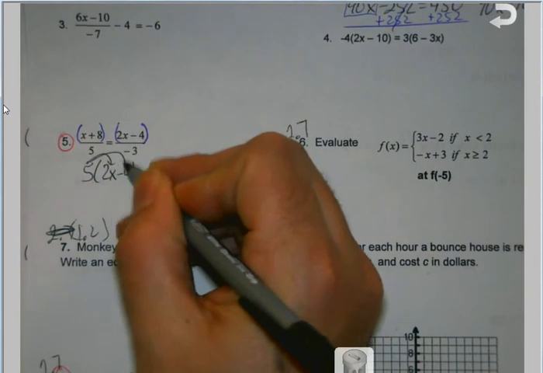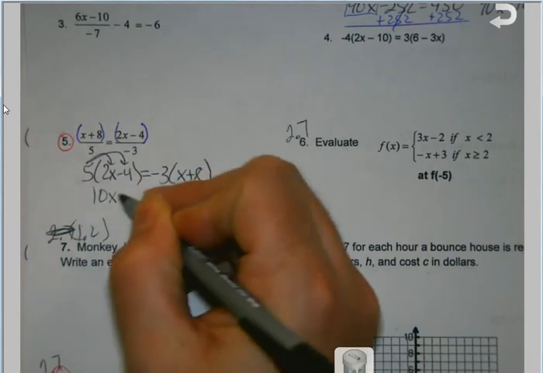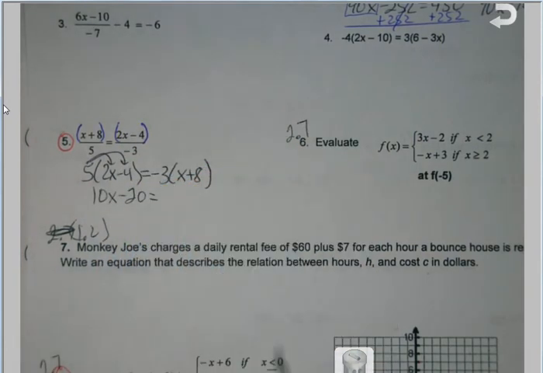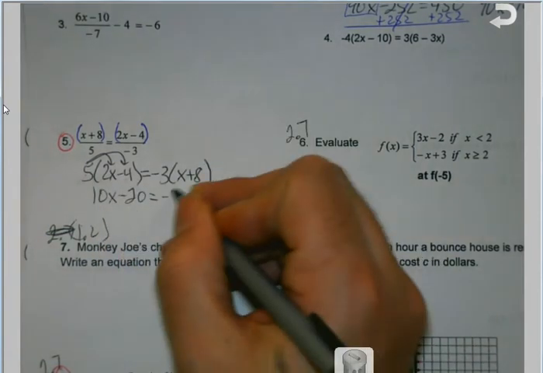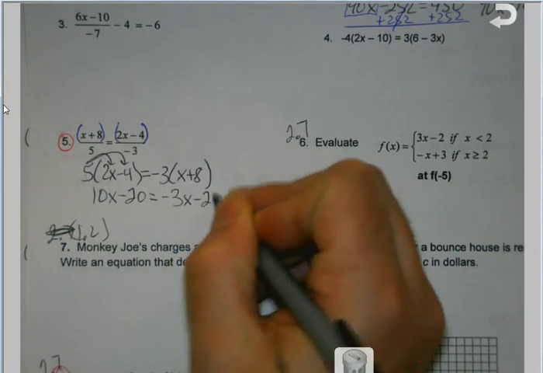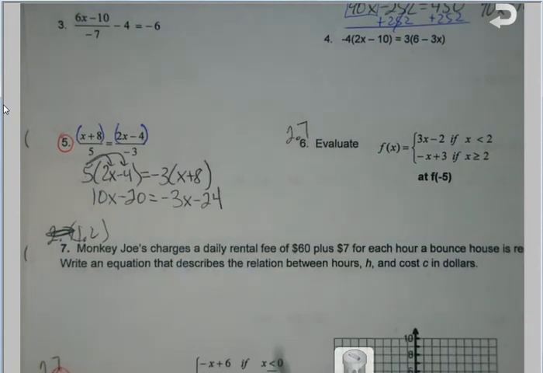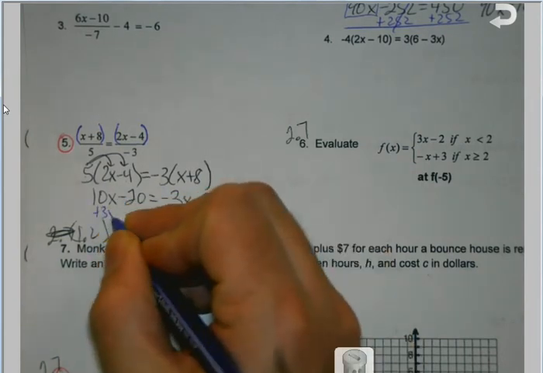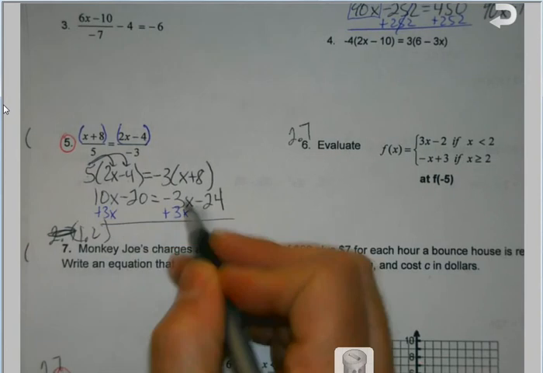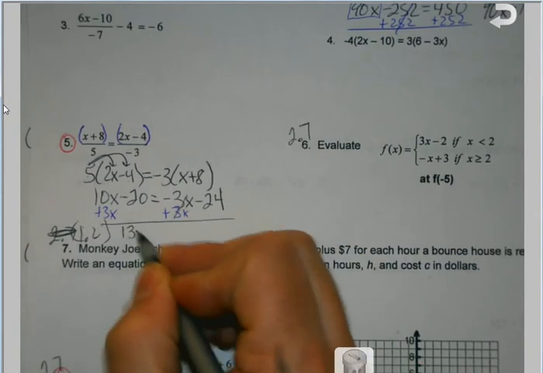Make sure you distribute all the way through, and that's the biggest reason that the parentheses are so important. Because if I don't have the parentheses, I just times these two together and then minus 4, and that's not going to work. So once I get that distributed through, again, I need to get all my x's to one side. It doesn't matter which side you put them to. I just like to keep them positive, so I'm going to move them over to the left side here.